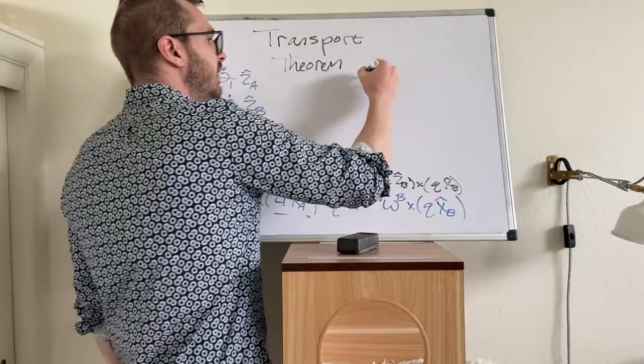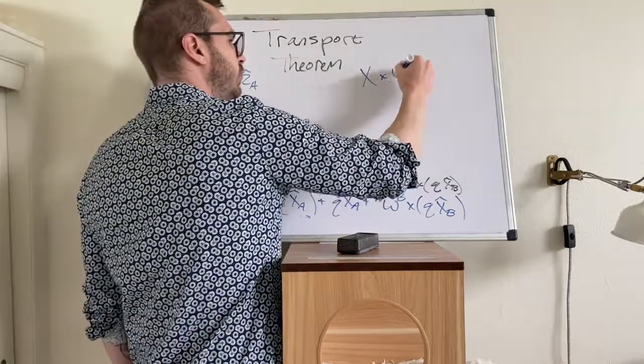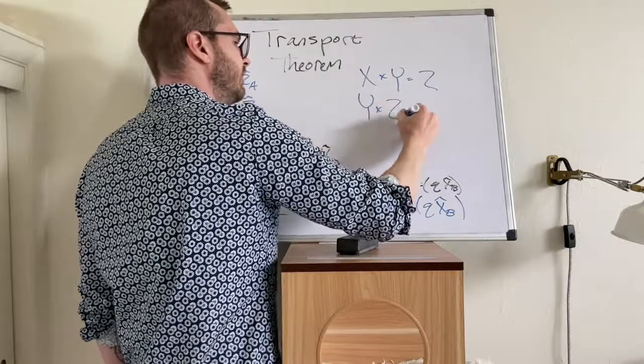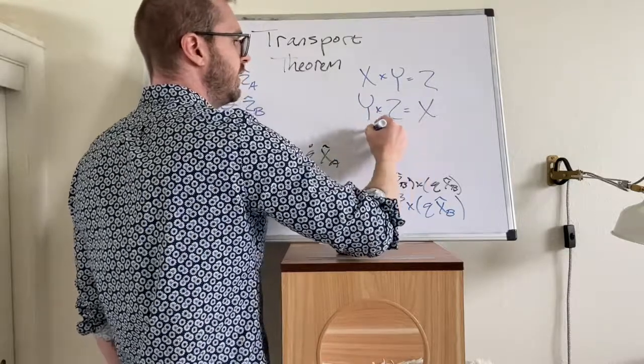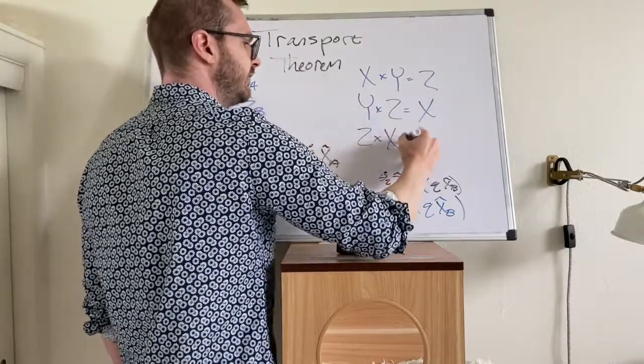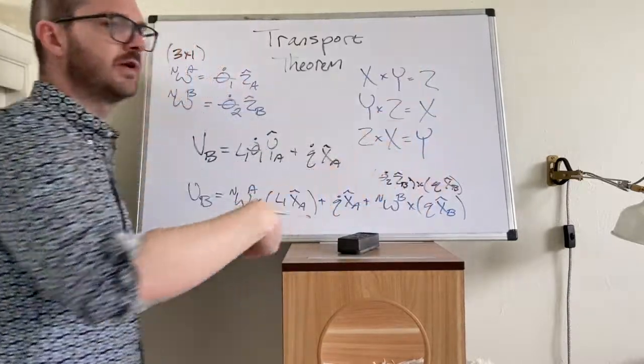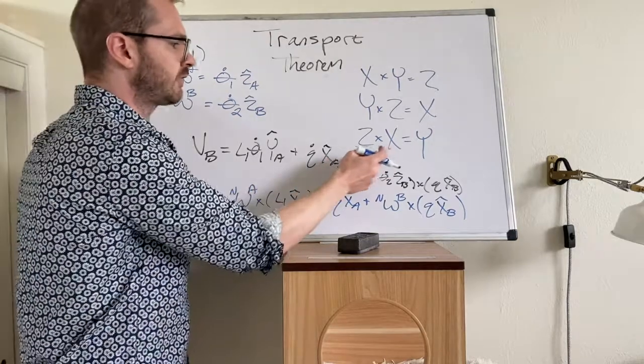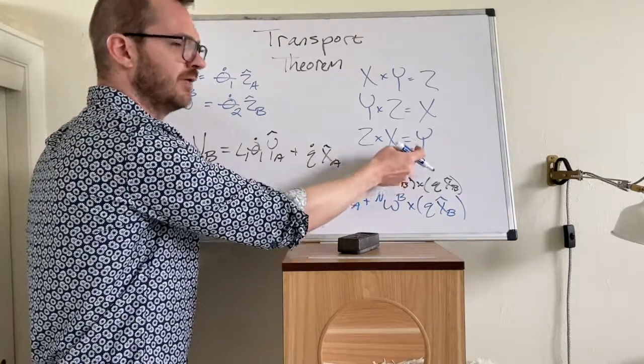So X cross Y is Z, and Y cross Z is X, and Z cross X is Y, and if you reverse any of the directions, your answer is negative. That's it. So if you did X cross Z, for example, you get negative Y.